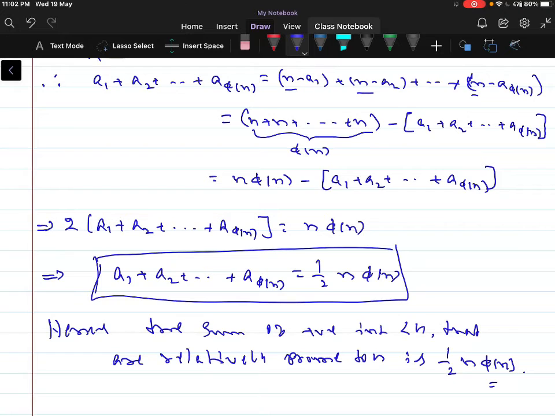So that is, I can write sum of k is equal to 1 by 2 into n phi(n), where k lies between 1 and n, less than n, and GCD of k comma n is equal to 1.